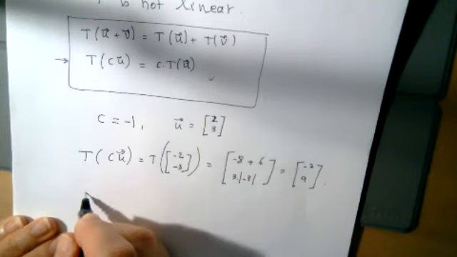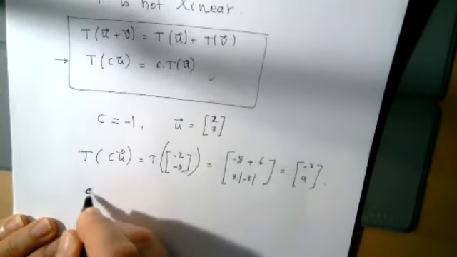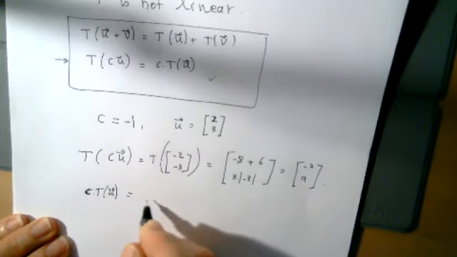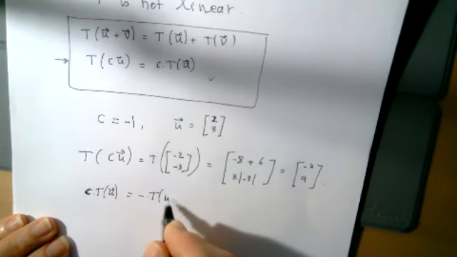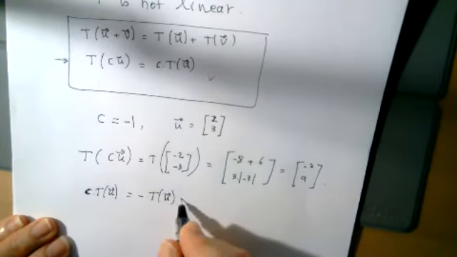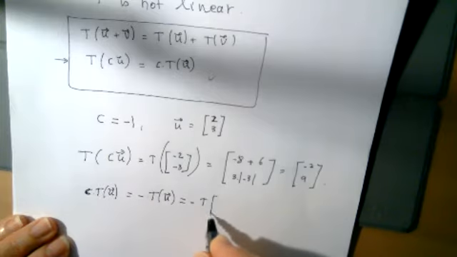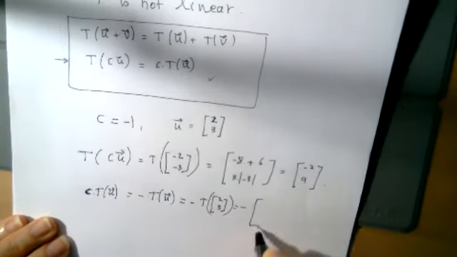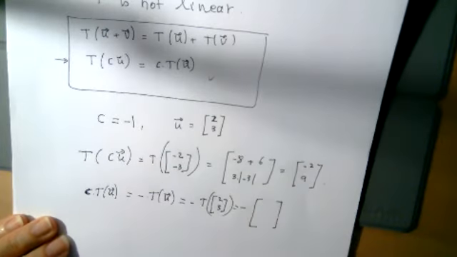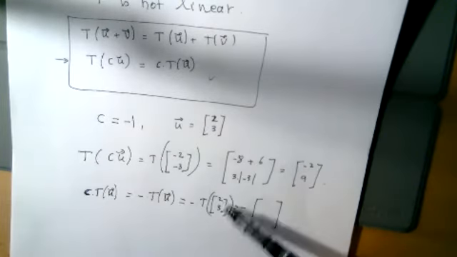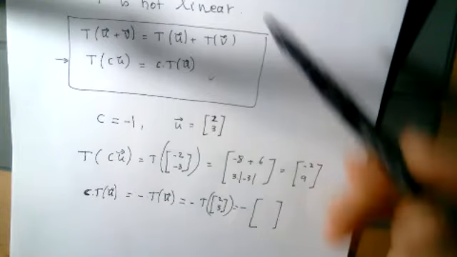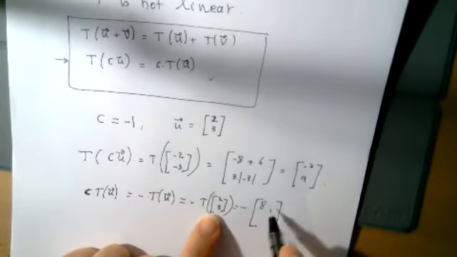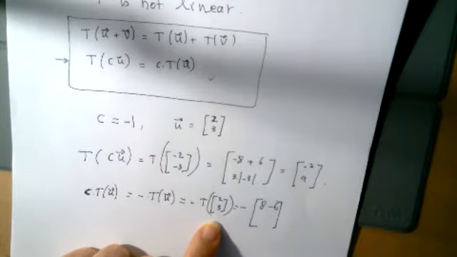What if I compute minus T of u? What is c of T(u)? Basically, can I take the minus out? It's minus T of u. But what's minus T of u? It means minus T of 2, 3. So it means minus what? What does T do to the vector 2, 3? The first entry is 4 times the first component, which is 8, minus 6, twice the second component.